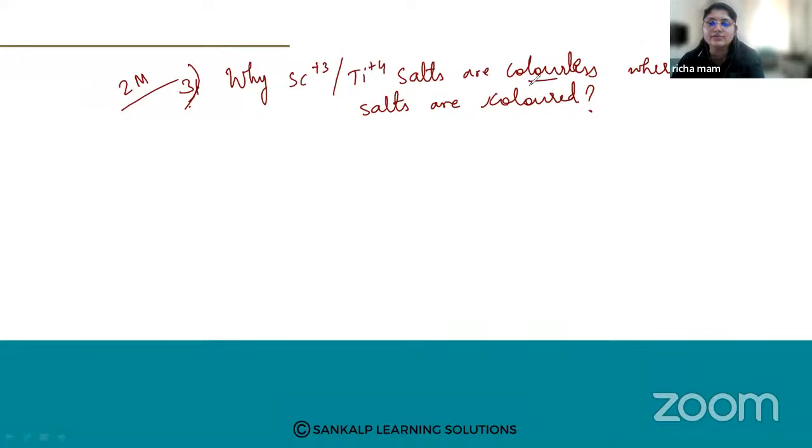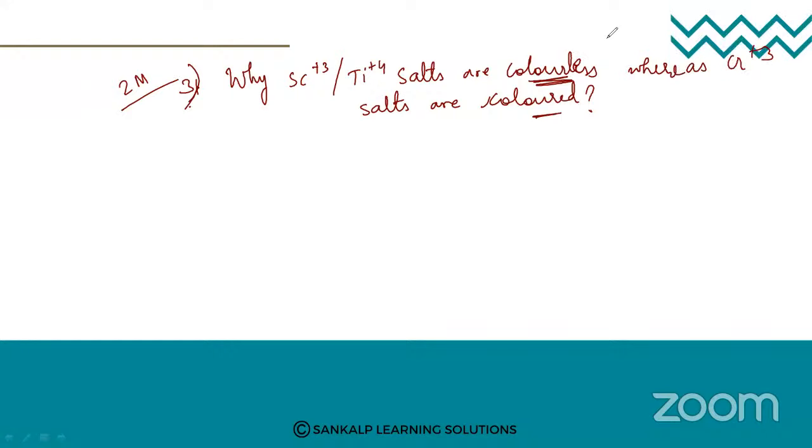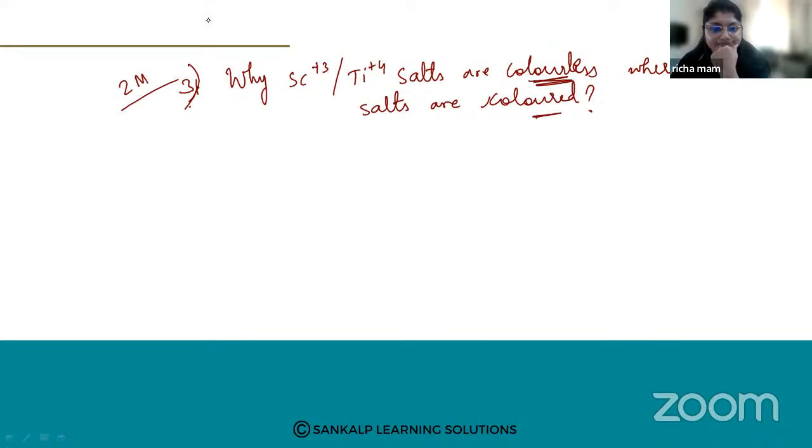What is the reason why the ions are colorless and colored? Please answer.